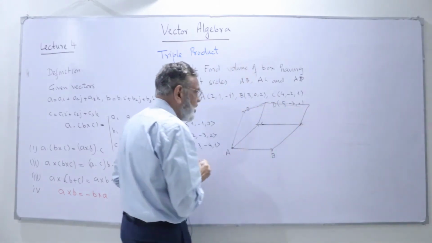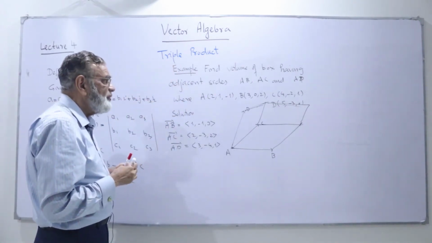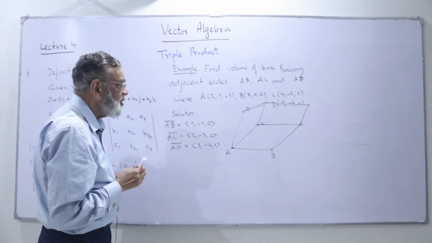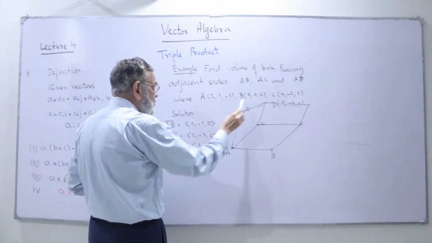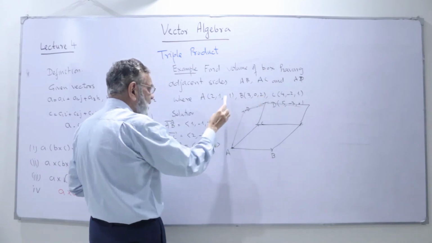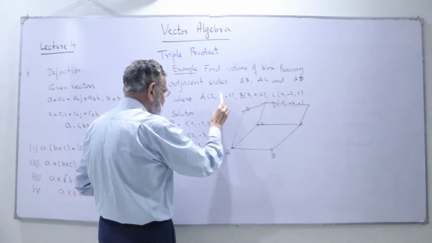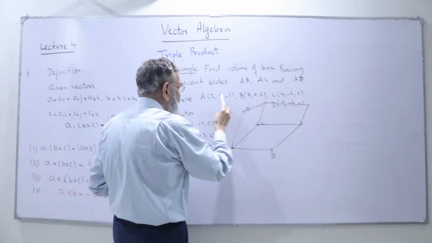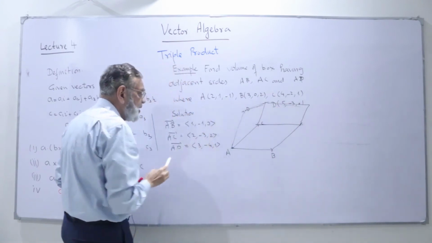I want to find the volume of this box. To find it, I define my vectors AB, AC, and AD. AB means B minus A: 3 minus 2 is 1, 0 minus 1 is minus 1, 2 minus 1 becomes 3. Then AC: 4 minus 2 is 2, minus 2 minus 1 is minus 3, 1 minus 1 becomes 2.